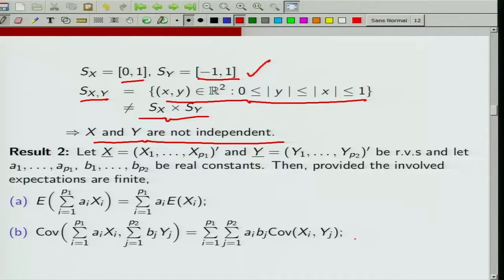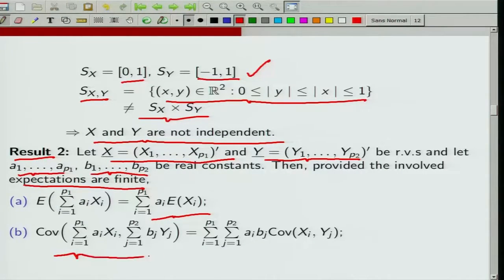Now, let us do the second result, which says that x is a p1 dimensional random vector x 1, x 2, up to x p1, y is a p2 dimensional random vector y 1, y 2, up to y p2, and suppose a1, a2, up to ap1, b1, b2, up to bp2 are real constants. Then provided the involved expectations are finite, expected value of the sum of a i x i is the same as summation i equal to 1 to p1 of a i times expected value of x i, which is straightforward to prove, as we will see.